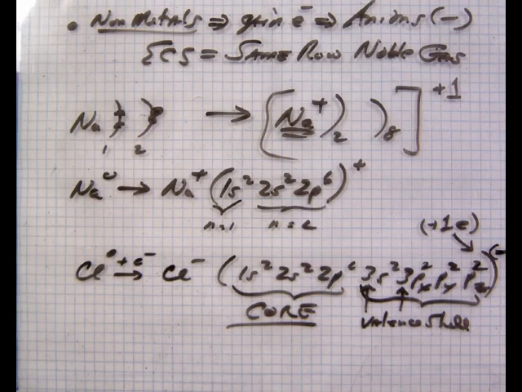It's also the configuration for argon on the other end. Elements tend to gain or lose electrons by the path of least resistance to achieve the closest noble gas configuration. And that's the octet rule. And I'll give you a sneak preview. You'll have this in the back of your mind.